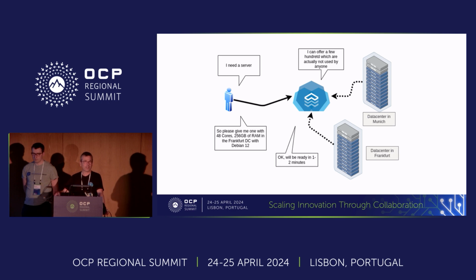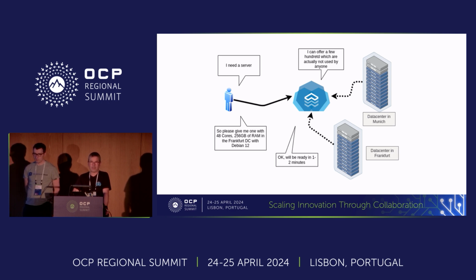And you can also say, give me an extra network for me alone. So tenant separation is done on a network basis. And this blue box will then check where there is an available machine with the given specification, and will create that machine.